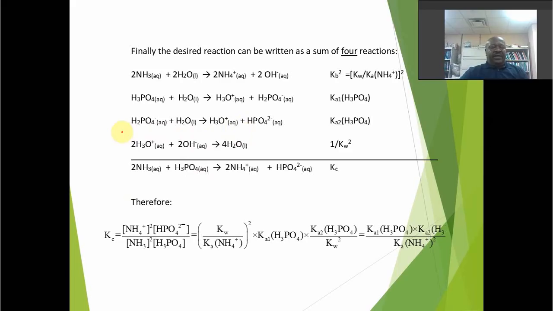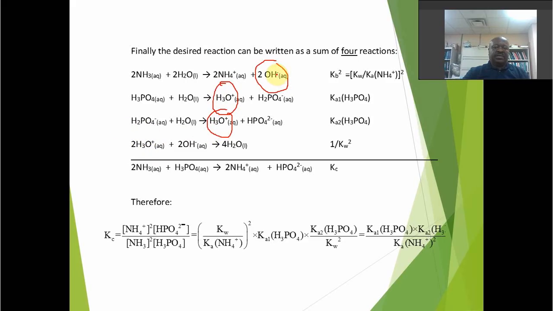So, if I stopped here, the mother equation doesn't have hydronium, H3O plus, and 2 of these. Everything else seems to check out. So I'll need a way to get rid of them. Well, this is on the product side, so to get rid of it, I'll write it on the reactant side.